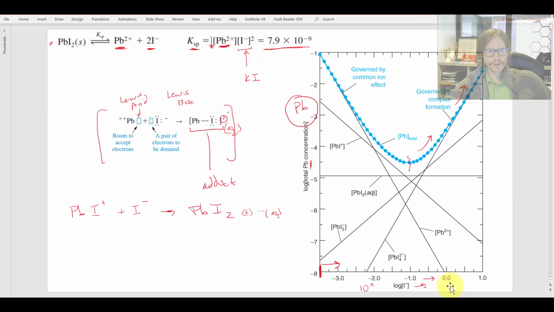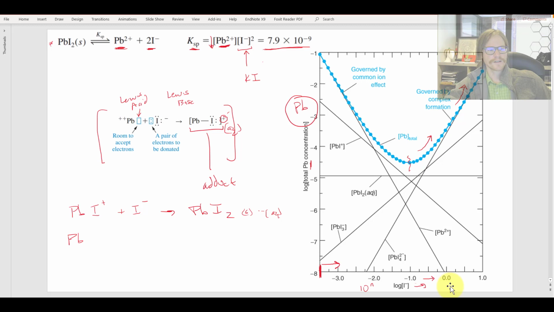And what's likely new for you is that this process keeps going because lead can accept multiple donors, not just two to form the neutral complex. In terms of bonding, it can take 3, even 4 iodides that surround it in solution as it's competing with water as the hydration sphere.